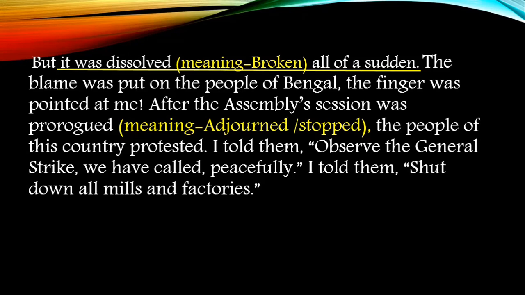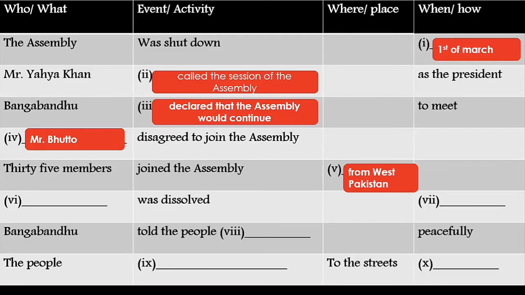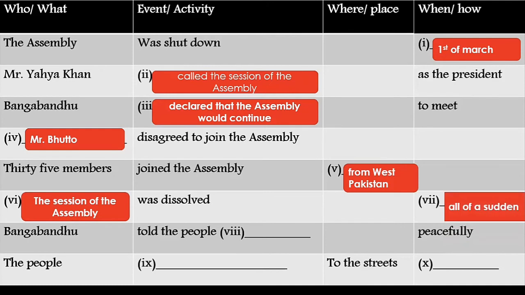What was dissolved? The session of the assembly was dissolved or broken all of a sudden. How did it break? All of a sudden. So we have two answers already over here. Instead of it, we have to use the session of the assembly and all of a sudden. So here are those two answers. The session of the assembly was dissolved all of a sudden.